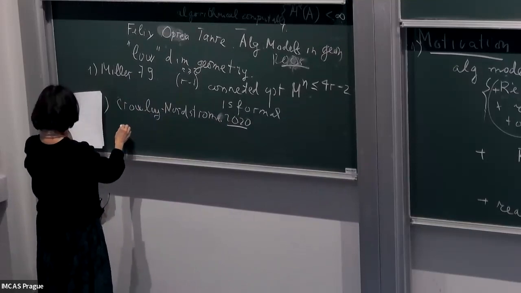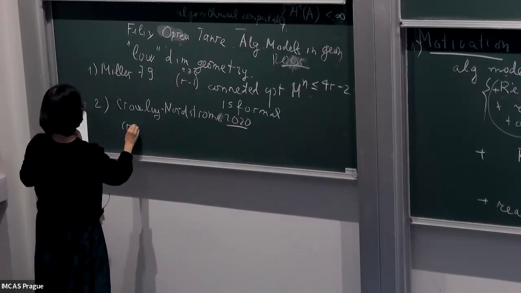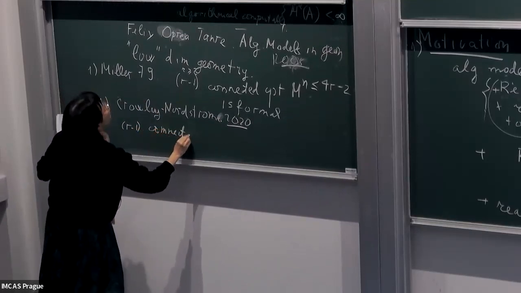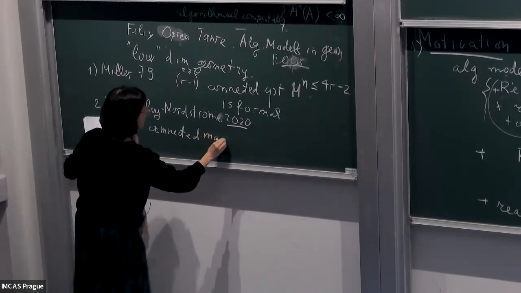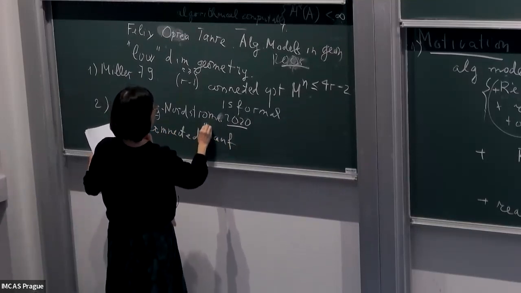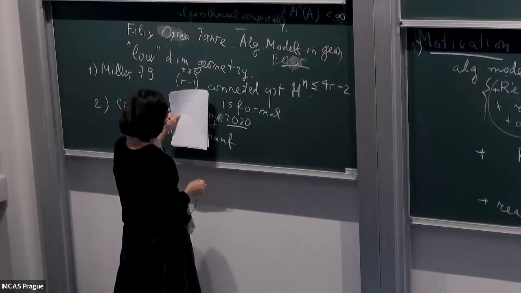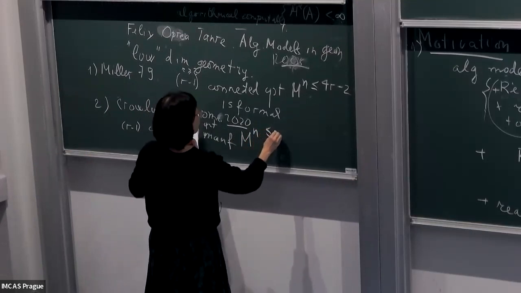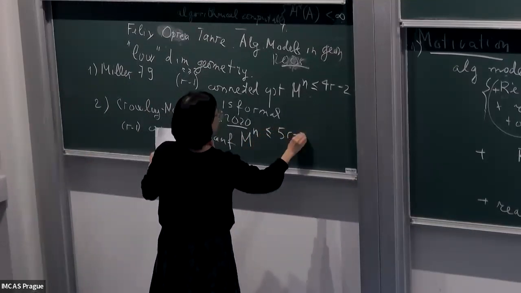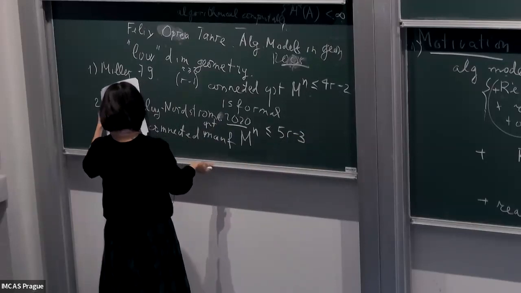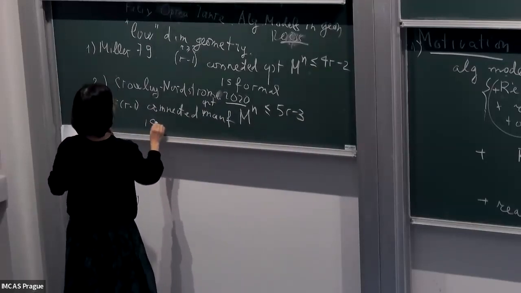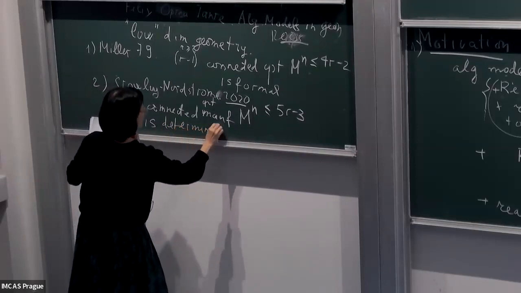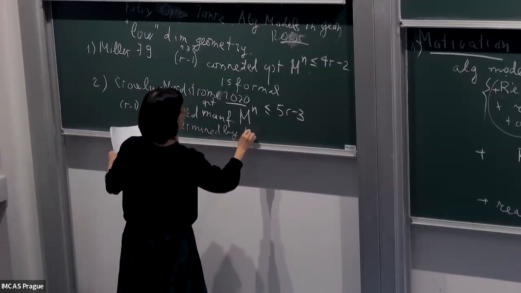The (n-1)-connected compact manifold of dimension n less than or equal to 4n-1 is determined by its cohomology ring.